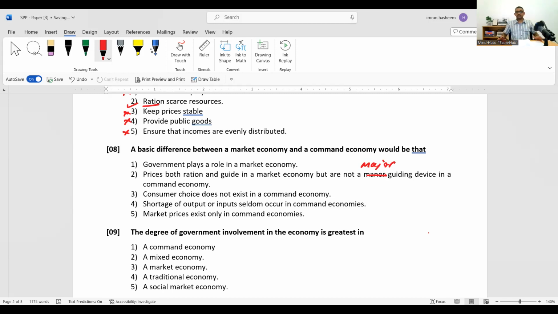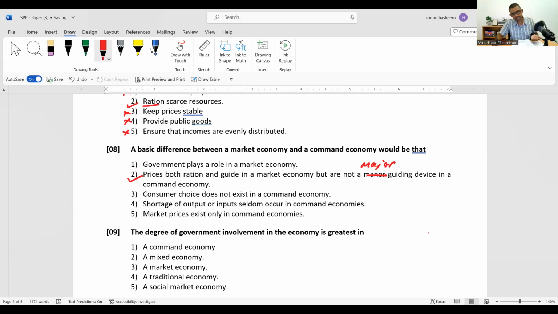What is the resource allocation mechanism in a command economy? It is the planning mechanism, right? Not price. So that statement is very correct. That shows a considerable difference also. Consumer choice does not exist in a command economy. We can't say that. There is some level of consumer choice, but it is limited.